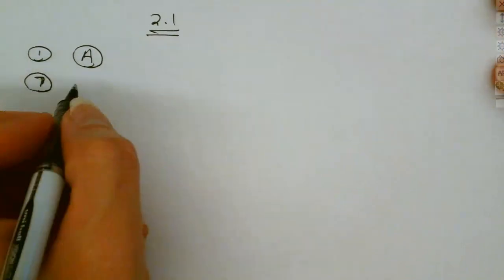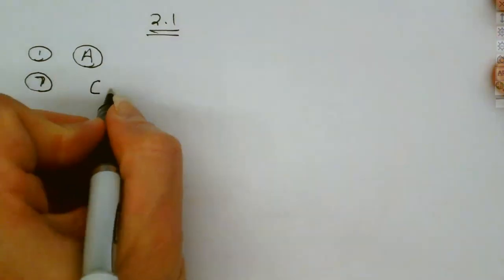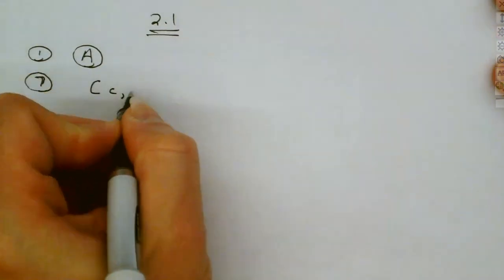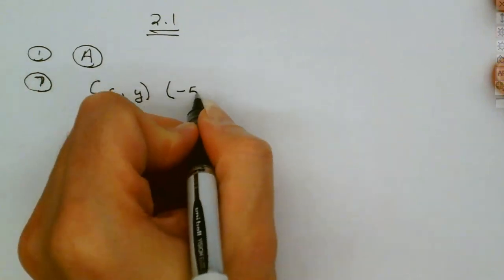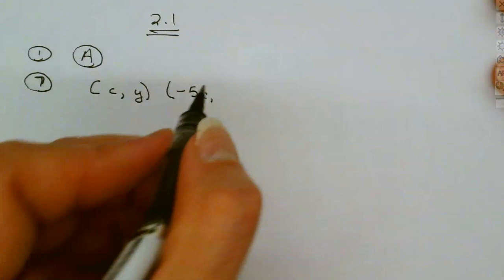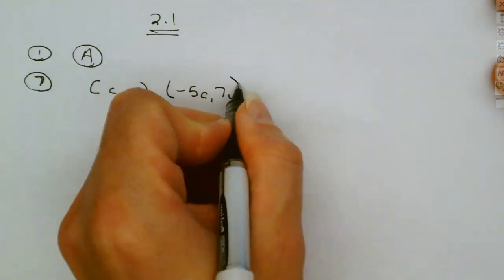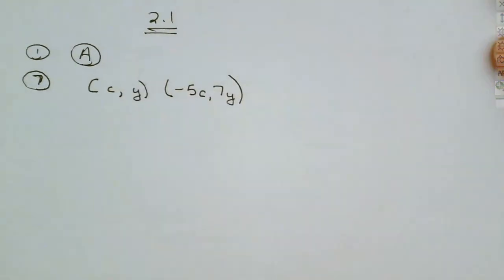Question 7 has variables instead of just numbers. And they're going to work the same way. And it's pretty easy to find the midpoint.